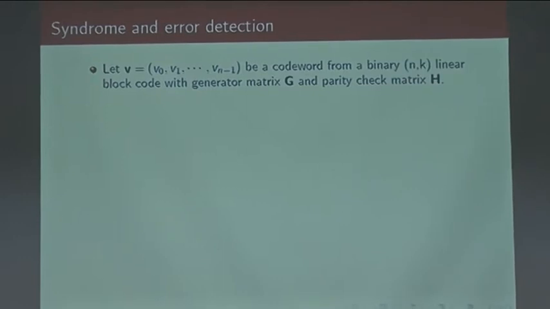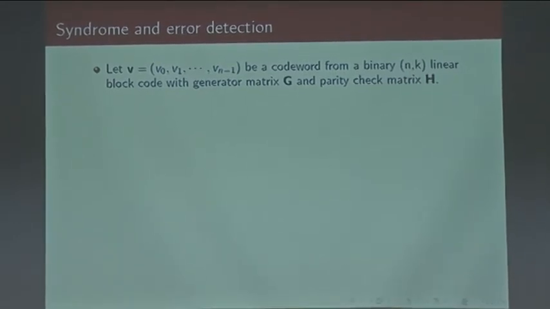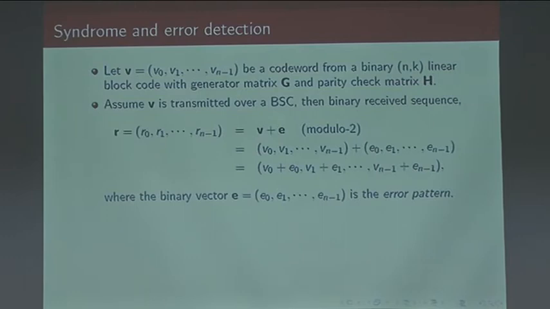So let's say we've got V, a code word in a code which has generator matrix G and parity check matrix H. Now we're going to assume that it's transmitted over a binary symmetric channel, and we get a receive sequence R, which is V plus E. E is an error vector, or an error pattern, which is a binary vector where every position in E which is 1 represents a position where R and V do not agree. And the positions in E that are 0 are positions for which R and V do agree.